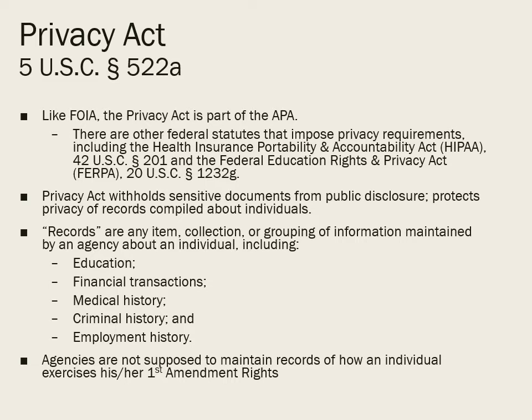Its purpose is to protect the privacy of records that are compiled about individuals, so actual natural persons. It does not apply to organizations. But records are really any type of information maintained by an agency about an individual. That could be education records, financial transactions, medical history, criminal history, employment history, everything that agencies collect on us.